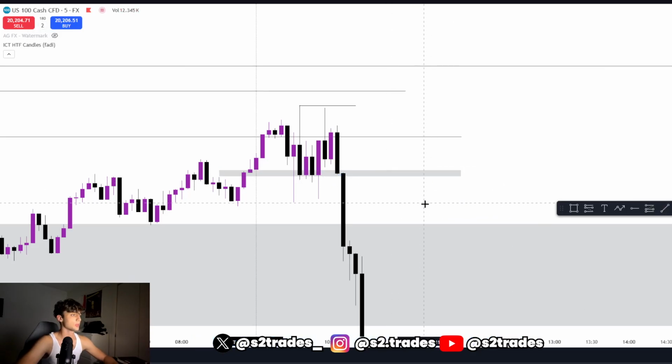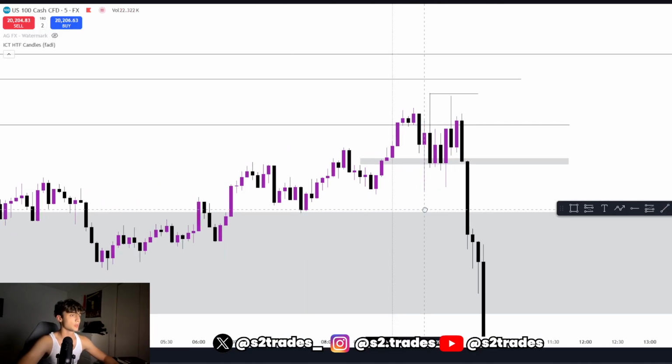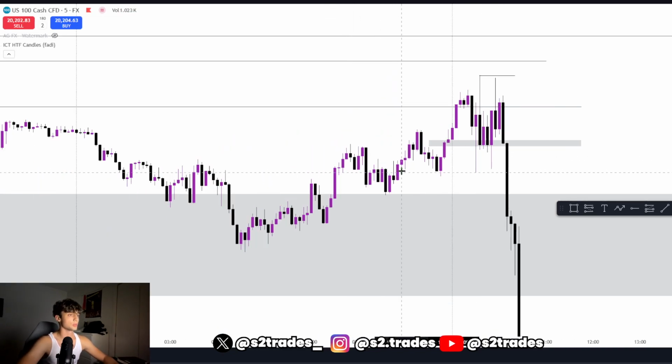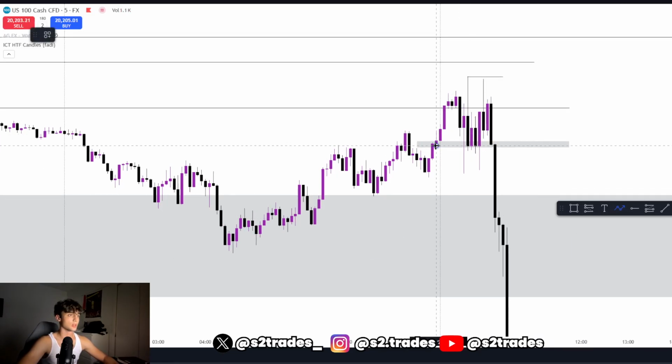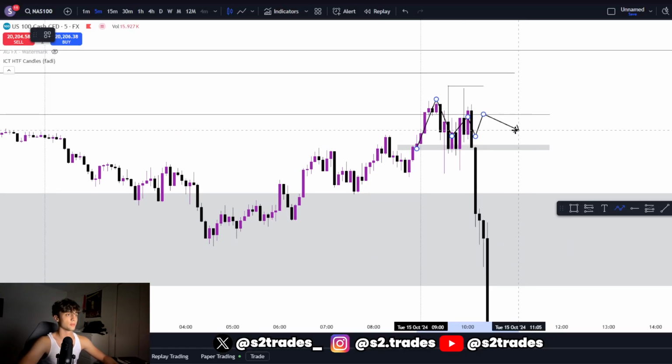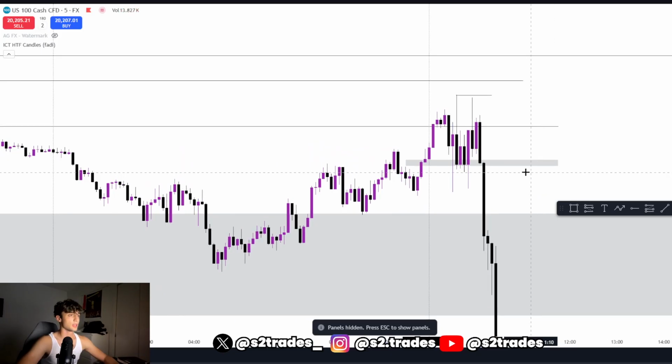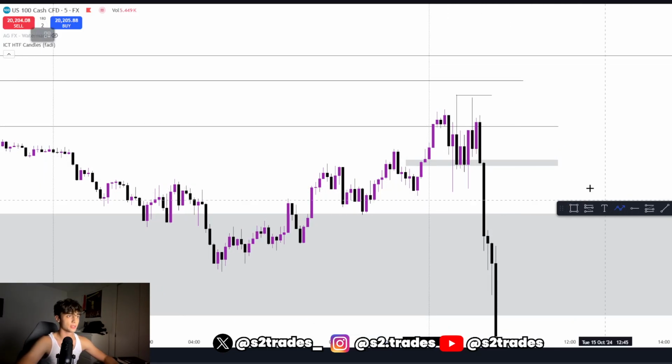and what I was assuming was going to happen is because price was so choppy on this liquidity sweep. Price was just super choppy, right? Do you see how it's going up, down, up, down, up, down? So because price was this choppy, what I thought was going to occur is price would have moved up a bit, because again we were in a fair value gap, we were respecting it.